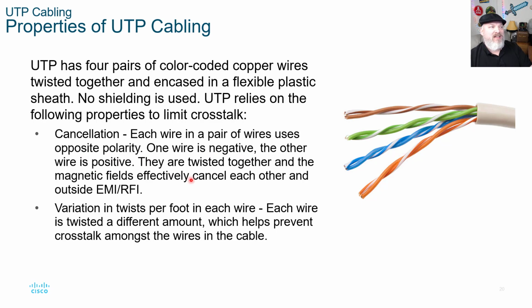They're twisted together, and the magnetic fields effectively cancel each other and outside EMI and RFI. They use the magnetic properties to cancel out interference. And there are variations in twists per foot in each wire. Each wire is twisted at a different amount, which helps prevent crosstalk among the wires in the cable. So this one might be twisted just a little bit less than this one right here.